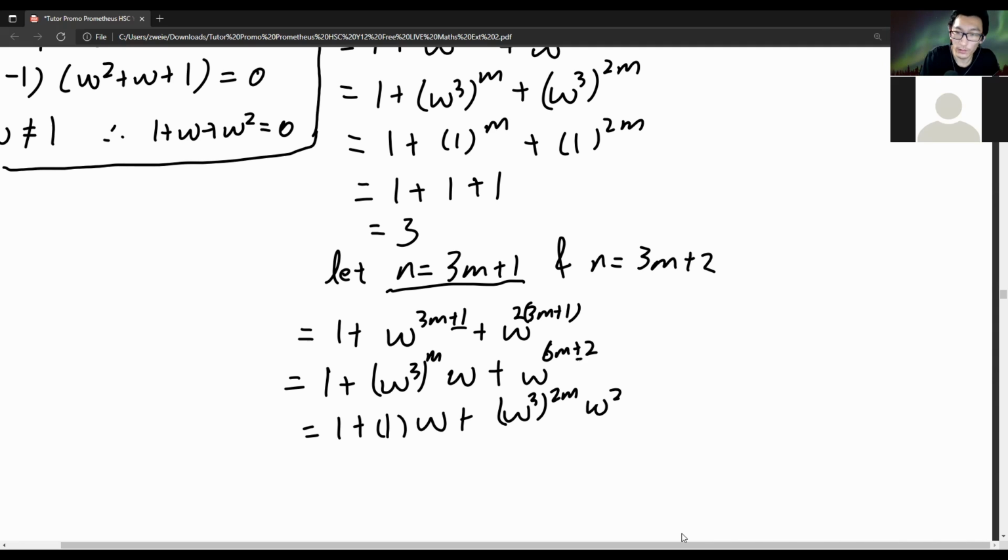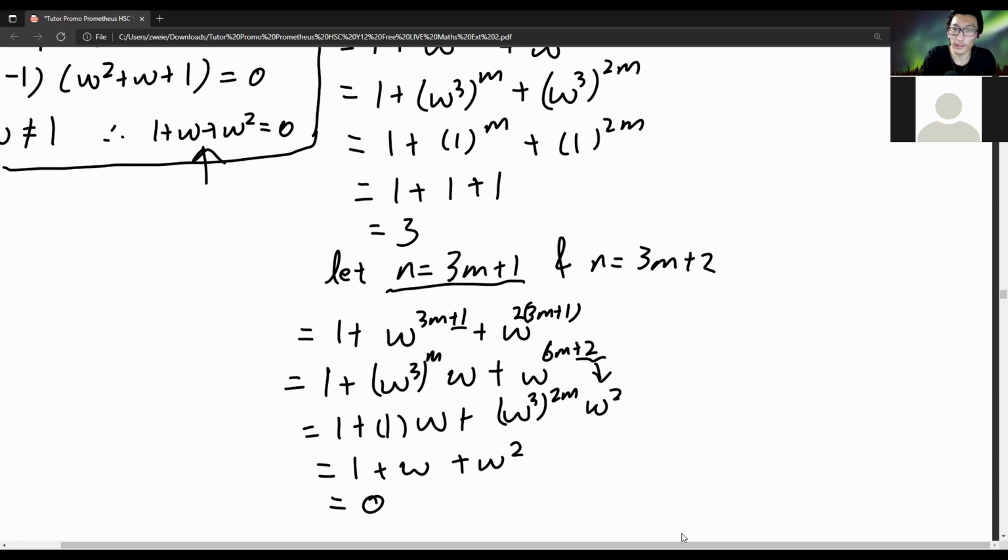I'm dropping the power into a separate omega squared. So I get 1 plus omega and essentially plus omega squared, okay? This, as we already clarified earlier, 1 plus omega plus omega squared equals 0. So that's my 0, okay?